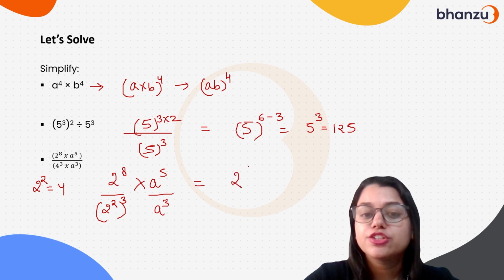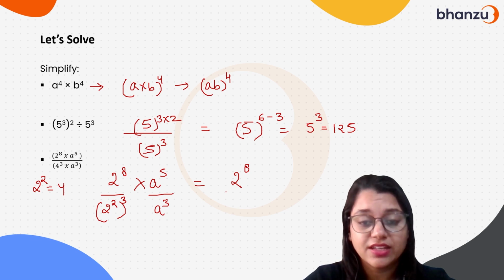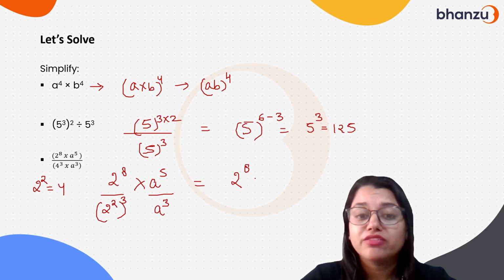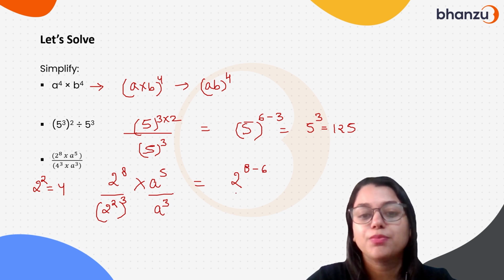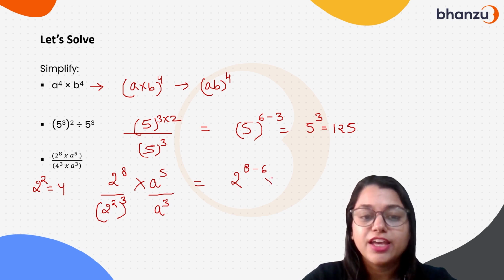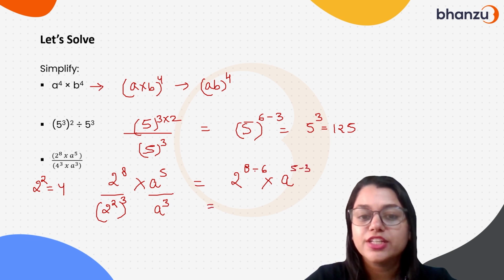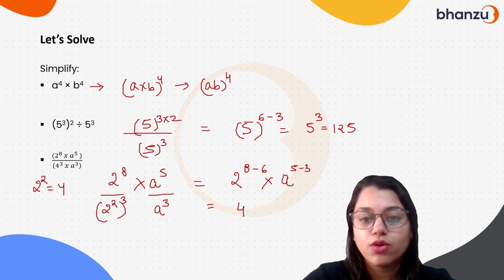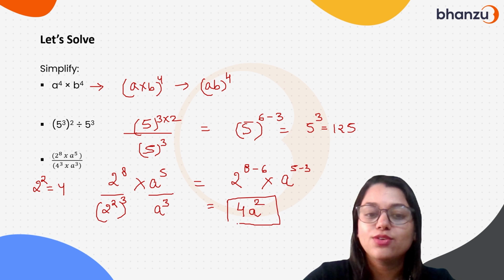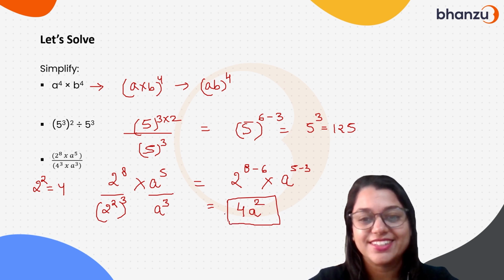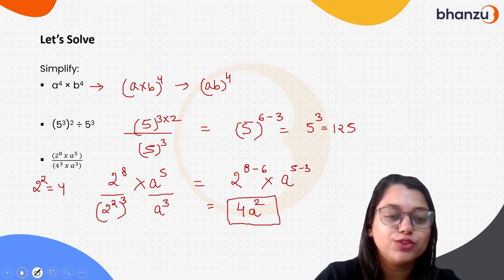So we have 2 raised to the power 8 divided by 2 raised to the power 6. On the same base, on dividing, we subtract the exponents. So it will become 2 raised to the power 8 minus 6 into a raised to the power 5 minus 3. What will be your answer? 2 raised to the power 2, that is 4a squared. So this we will get on simplifying. Let us move to the next question now.